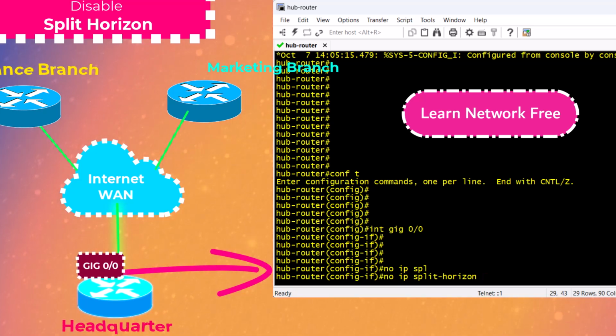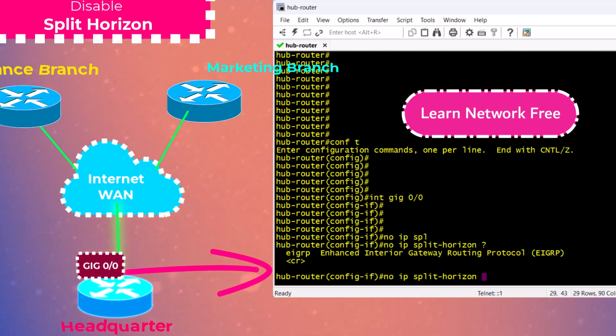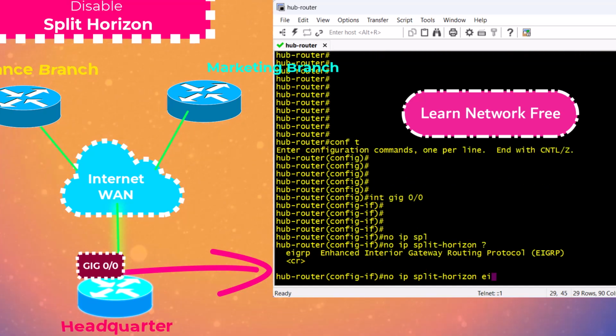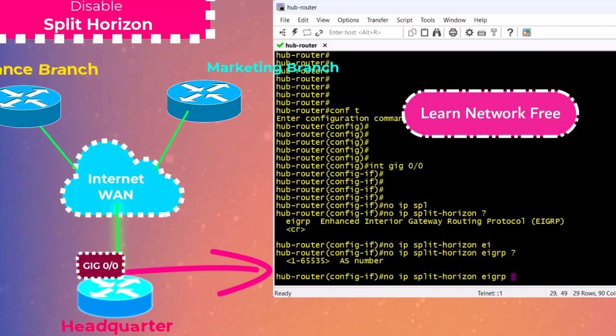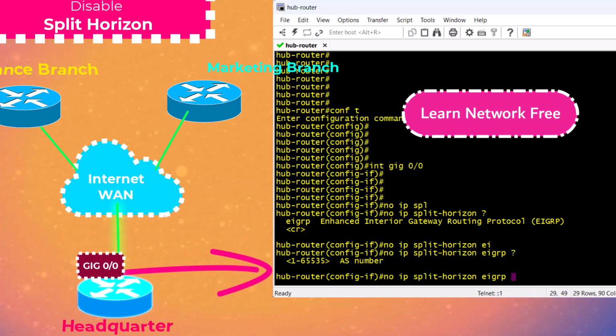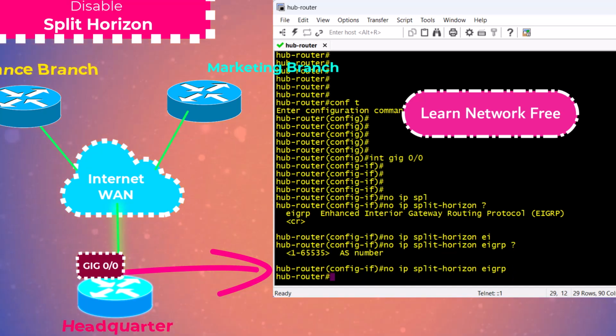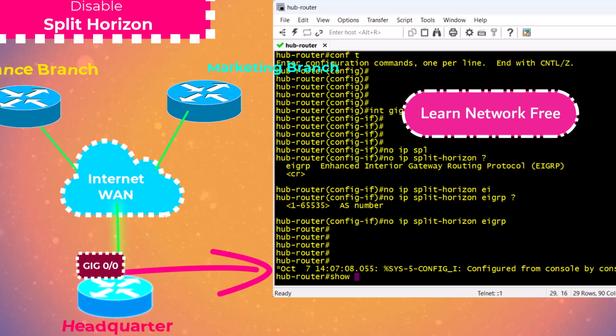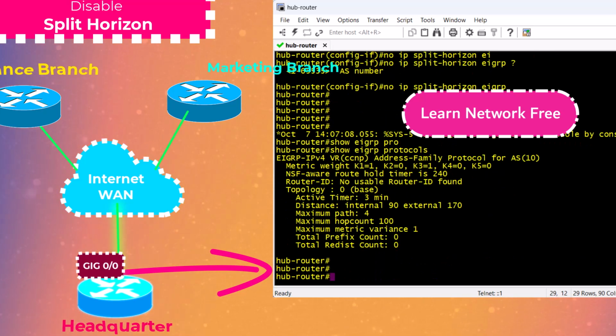So we input no ip split-horizon with a question mark. You can see the potential commands. We input eigrp, and then, as you can see, we have to input our AS number. In this topology, with show ip eigrp protocols, as you can see, our AS number is 10, right?